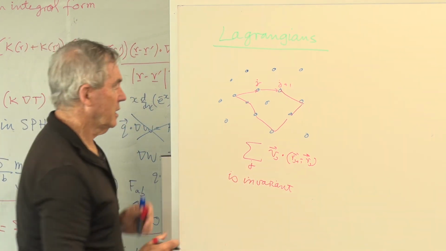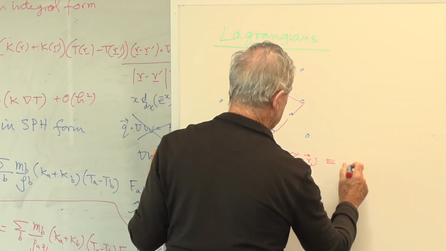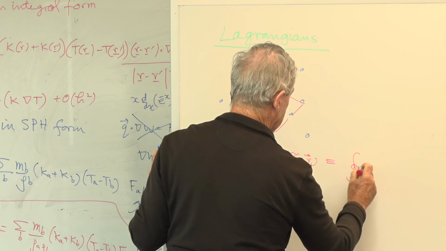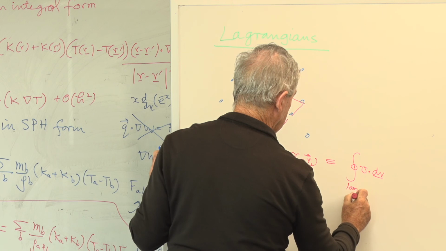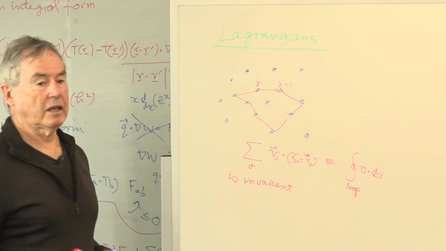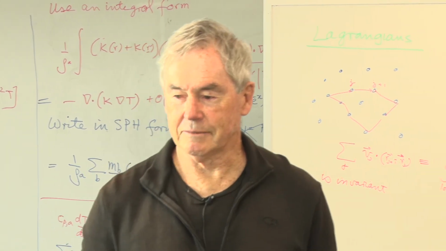And that is the SPH equivalent. I'll put an equivalent sign. Now the high priests in fluid dynamics, they like that. It's called the circulation.